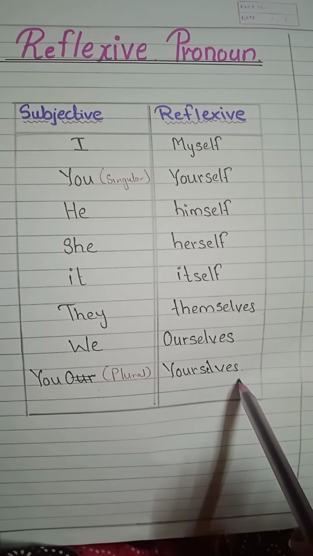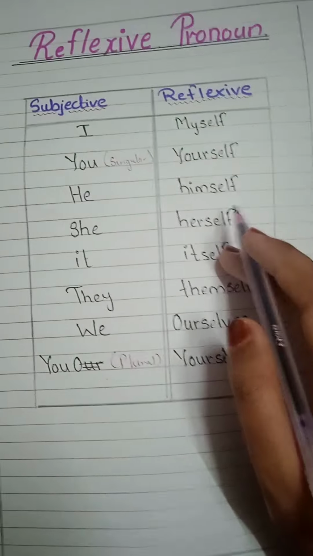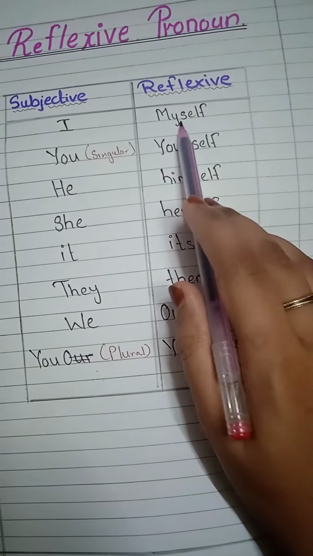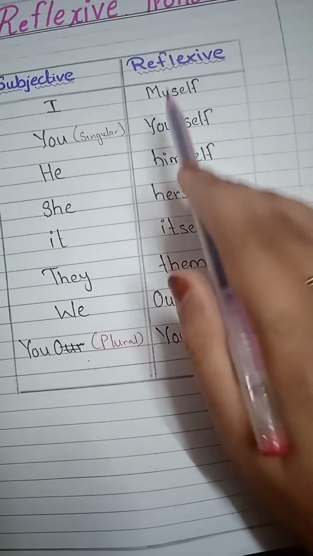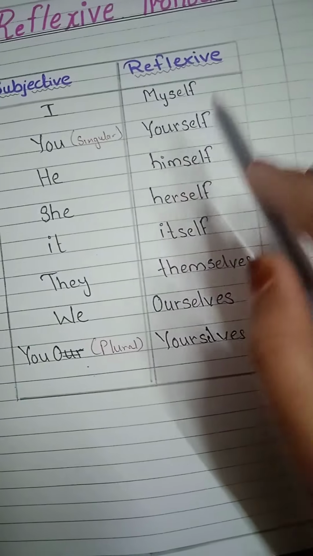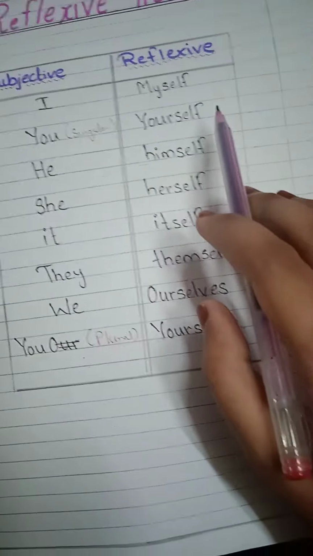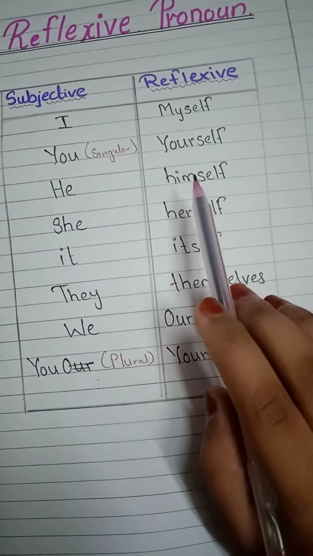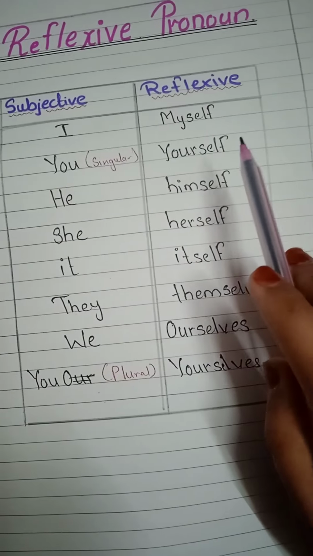Now, two things that you have to keep in mind: reflexive pronouns reflect the action of the verb in a sentence that is performed by the subject. The second important thing is it never replaces the noun or the pronoun in the sentence.